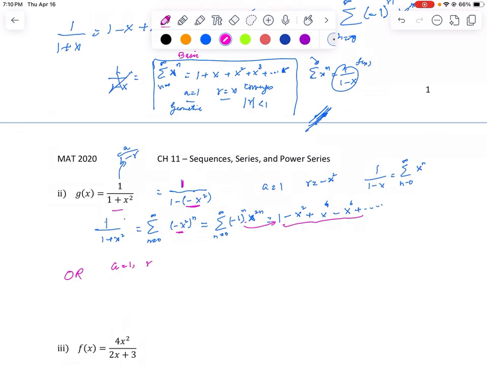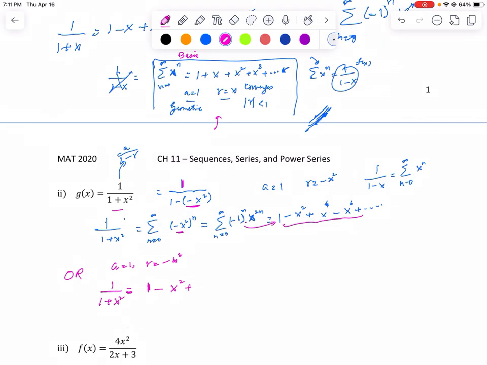So in our expansion of the basic series, look at how I do it. 1 over 1 plus x squared equals 1 plus, now in place of x I put negative x squared, so we have 1 minus x squared plus negative x squared whole to the 2.